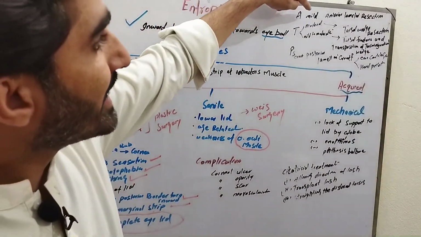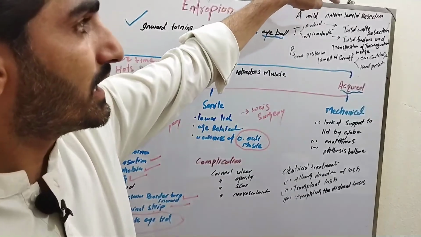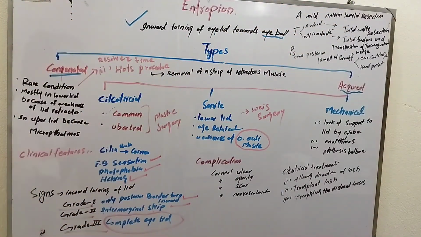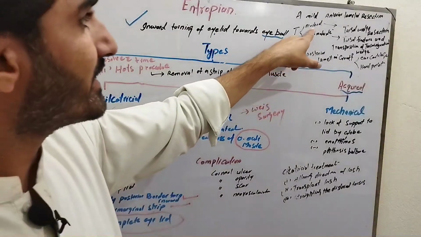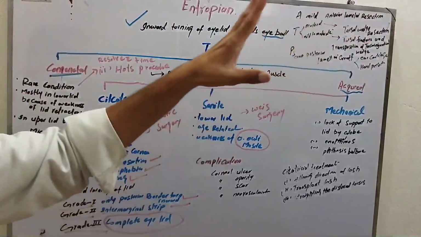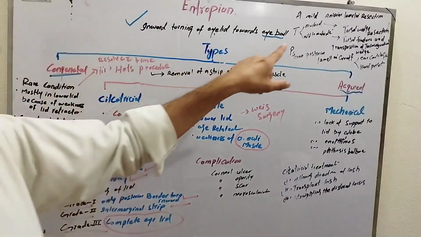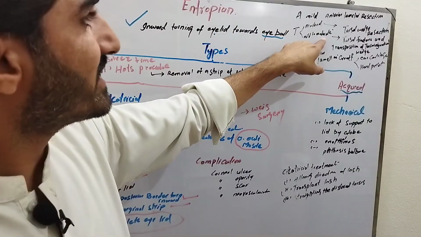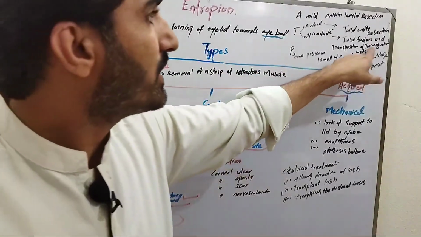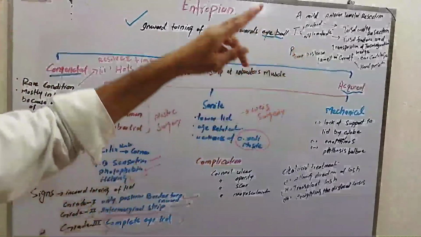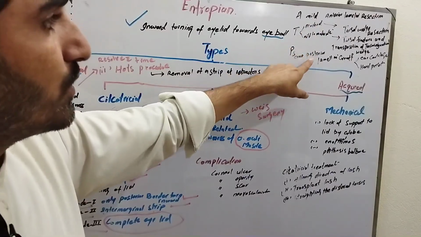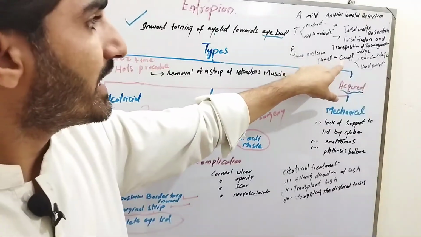If there is a mild case, then we will do anterior lamellae resection only. If there is a moderate case, then we will do tarsal wedge resection. If there is a mild to moderate case, we will do tarsal fracture or transposition of tarsoconjunctival wedge. Third one is posterior: if the case is severe, then we will do posterior lamellae graft.